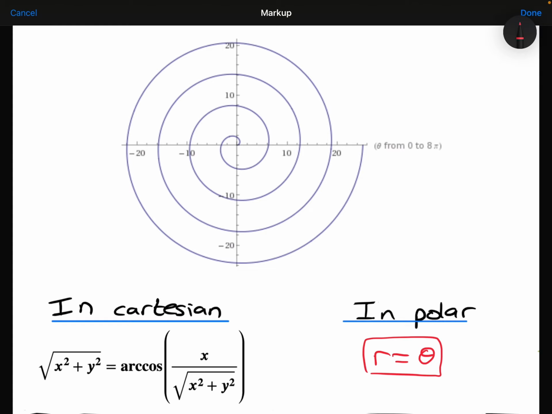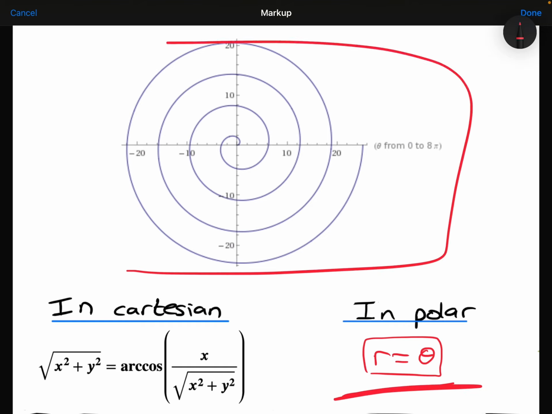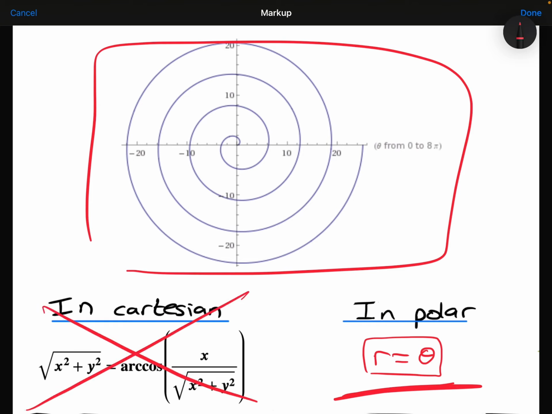And we'll see in the next video about sketching these and why it is that this describes this. But the point I'm trying to make here is that in these situations where we have circular motion, or any situation where we're just trying to describe circular things, Cartesian coordinates are really awkward, and polar coordinates are really, really easy.